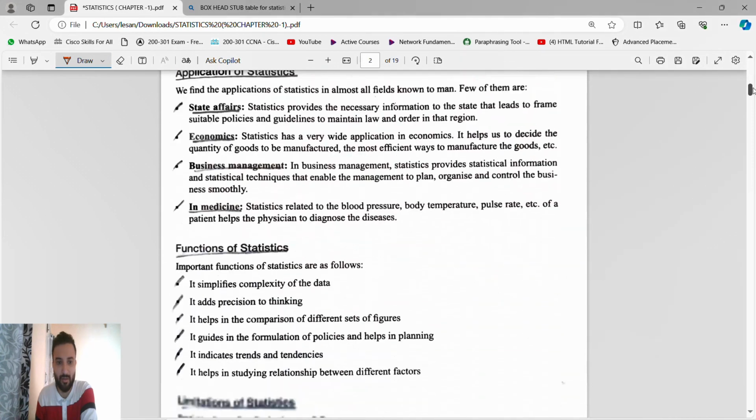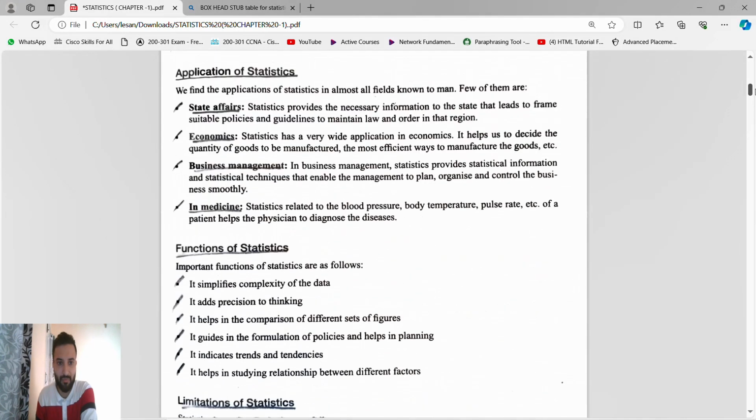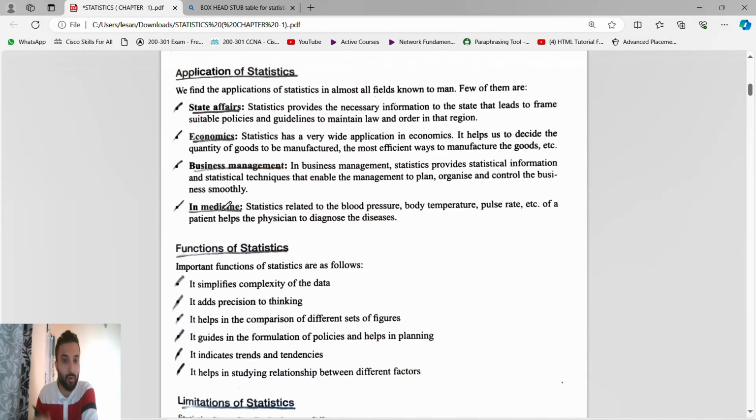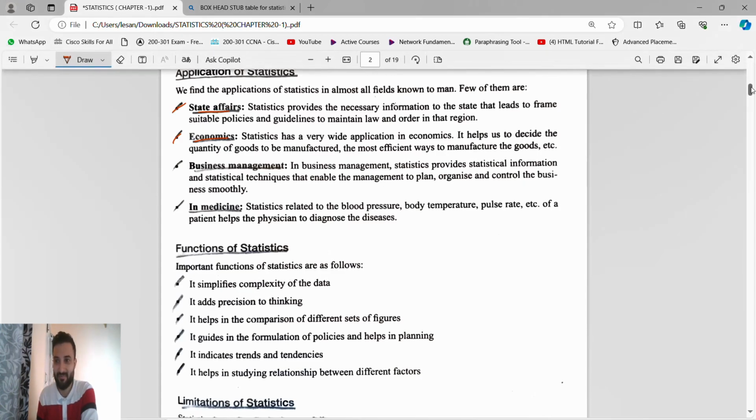Other things, like applications of stats, I have ticked only the name. That much is enough. If you want more knowledge you can read, but they won't ask it in the examination. In the examination, only whatever I have ticked and underlined.